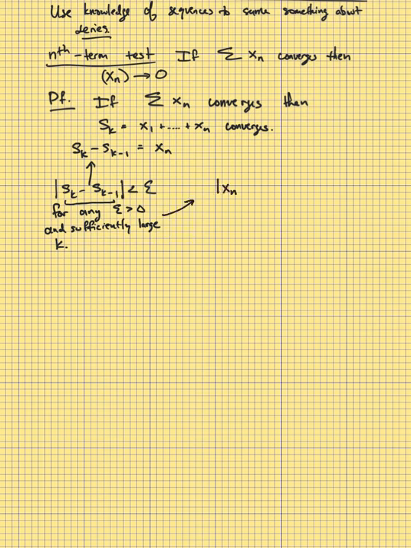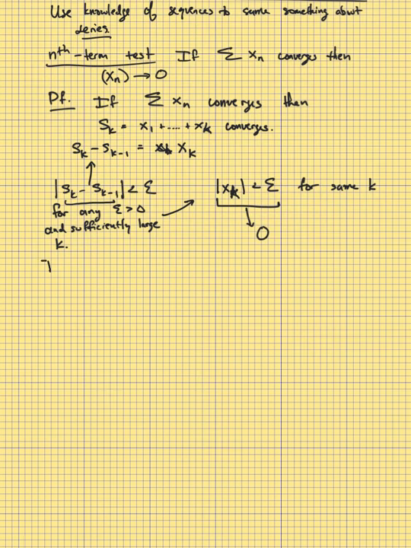Okay, so the x sub k, and I realize that this should be x sub k, sorry. Then this is less than epsilon for the same k, okay? And therefore, since you're bounding this term by epsilon, for any epsilon, this means that x sub k converges to 0.